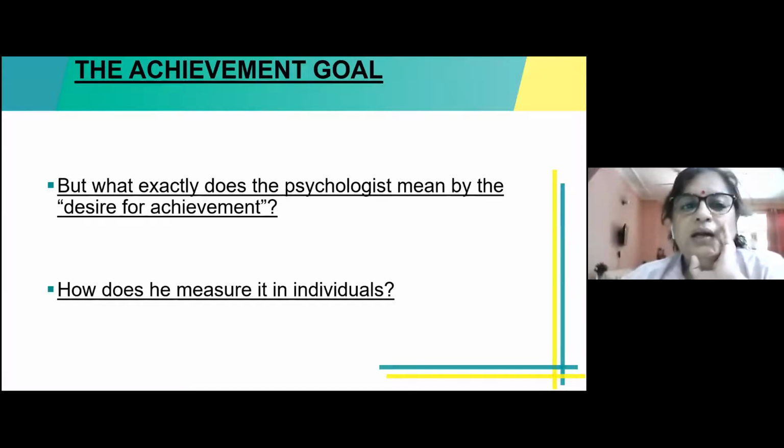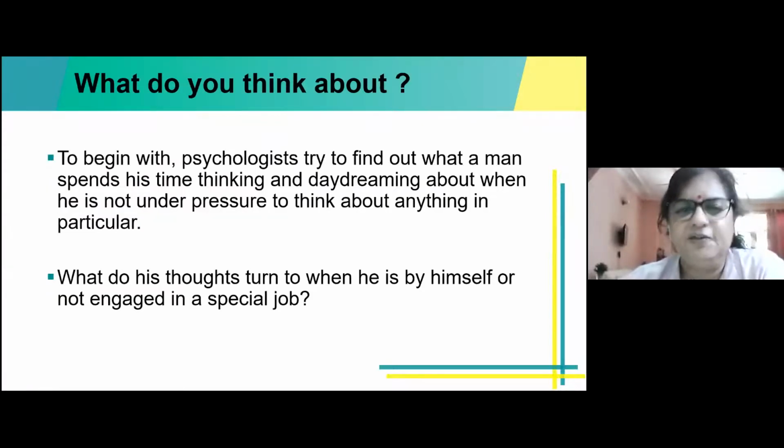Now, the achievement goal. So the next question that arises is, what exactly do we mean by the desire for achievement, and how do we measure this desire for achievement in individuals?